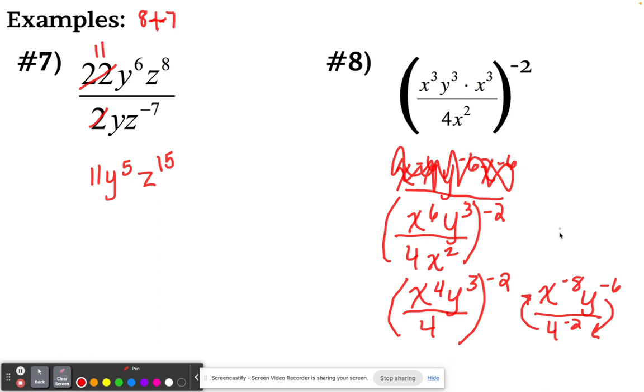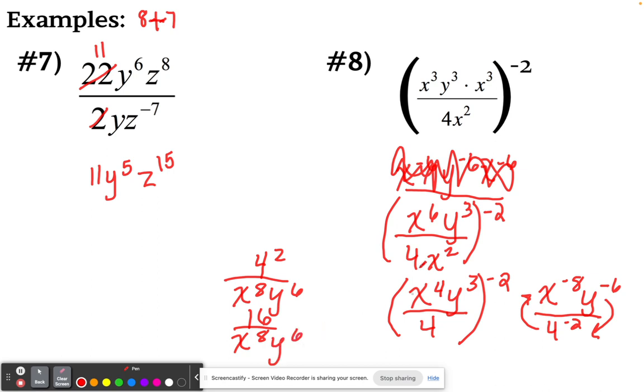That will leave me with, I'm running out of room here, 4 to the 2nd power in the numerator, x to the 8th power, and y to the 6th power in the denominator. And the last thing I want to do is evaluate 4 to the 2nd power. That will be 16 over x to the 8th power, y to the 6th power.